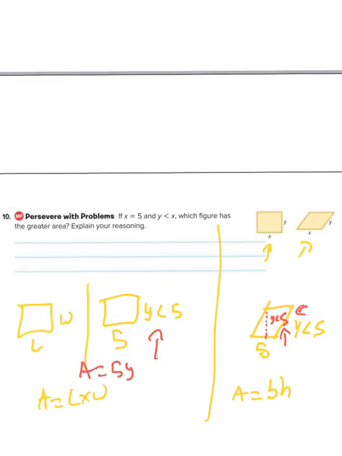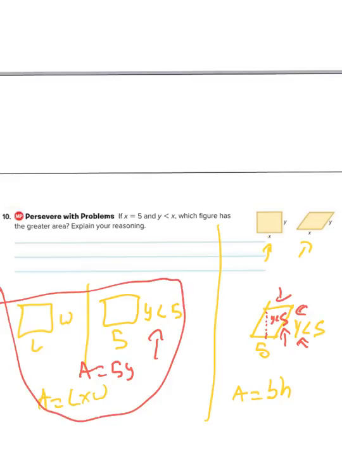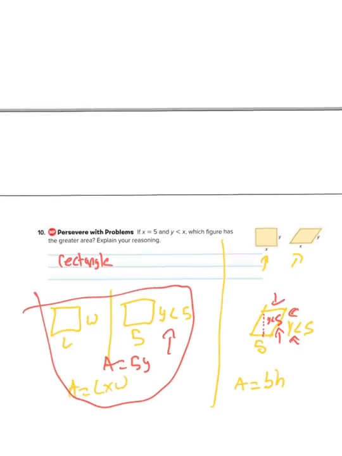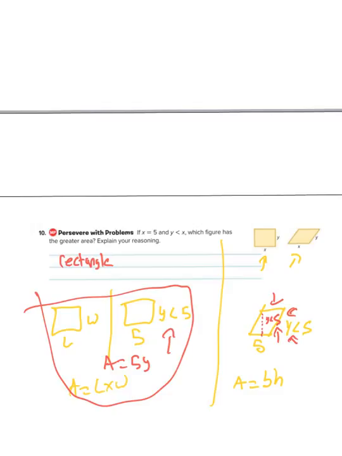So this height cannot be greater than this side. Therefore, the area of the rectangle is larger. Cool.